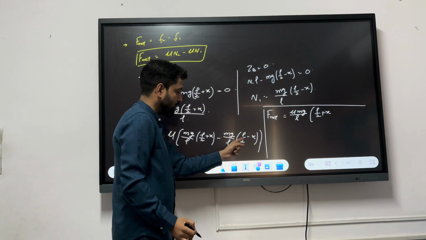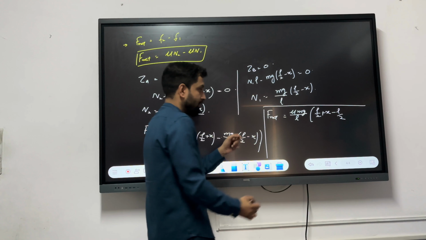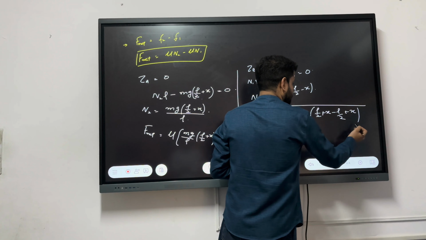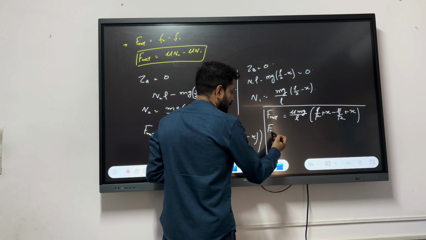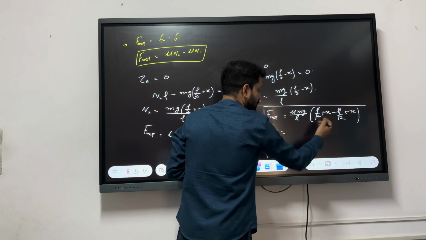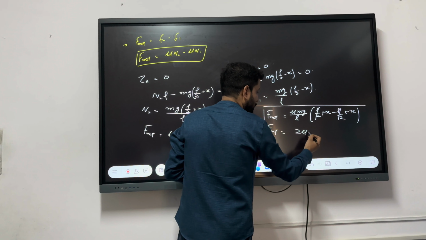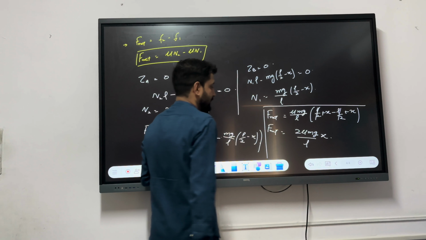Then minus into L by 2 is minus L by 2, and minus into minus x will be plus x. So plus L by 2 and minus L by 2 get cancelled. So F net comes out to be, this is 2x, so 2 mu mg upon L into x.